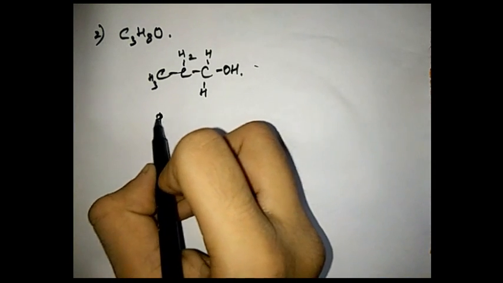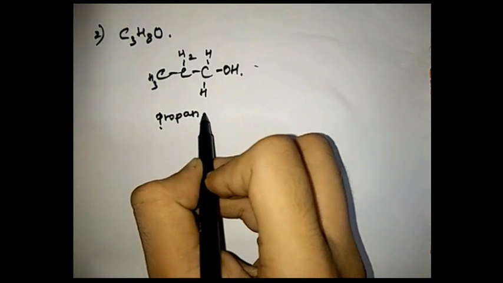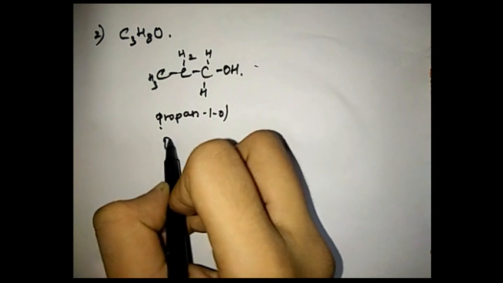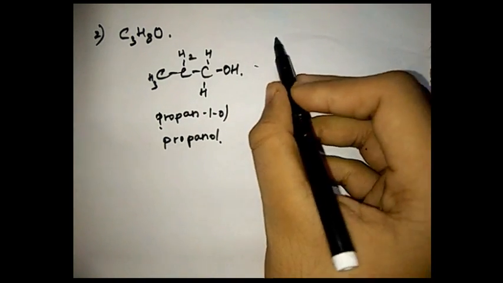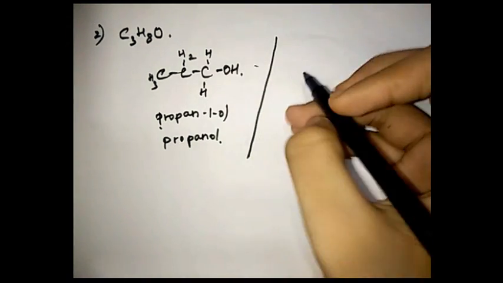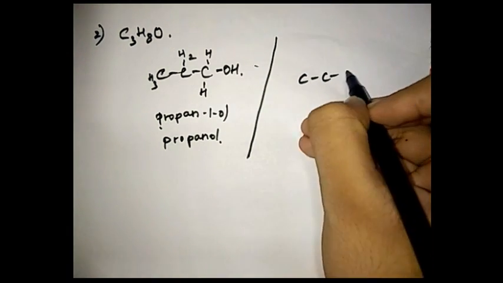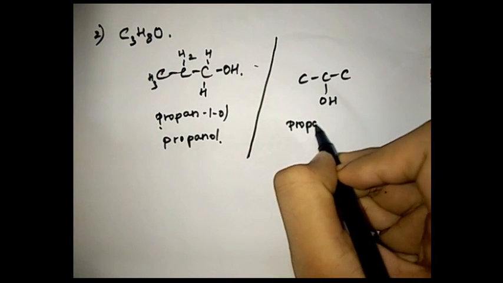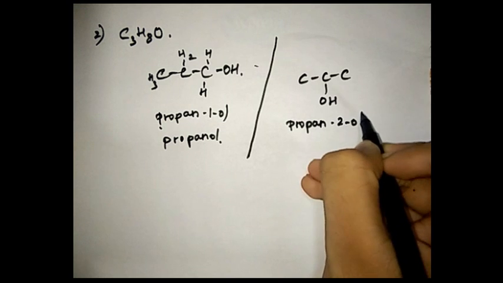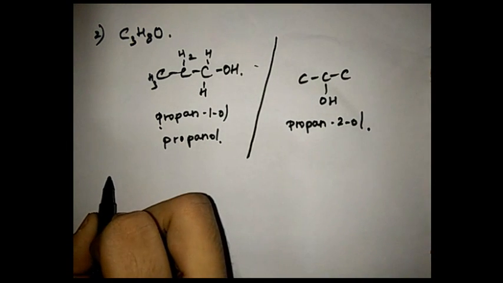This is propan-1-ol, or propanol, and the positional isomer for this one will be propan-2-ol.